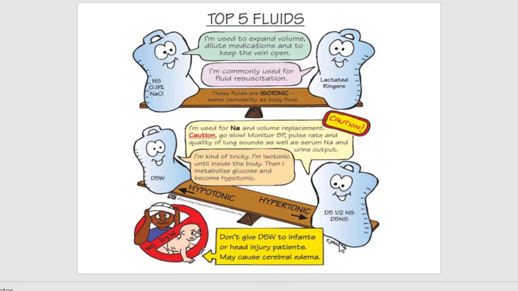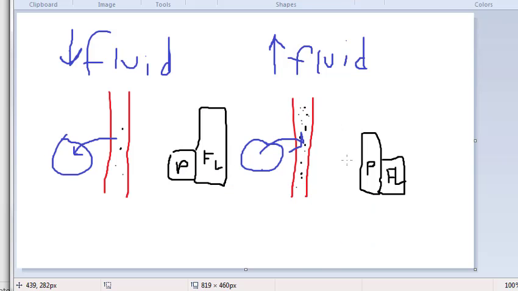Okay, so as we were talking about the hypertonic and the hypotonic, with the hypertonic solutions, you've got to be careful. It says here that it's used for sodium and volume replacement. But if we go back to this here, if we're pulling fluid out of the cell into the bloodstream, we're increasing fluid volume, which puts the patient at risk for what?